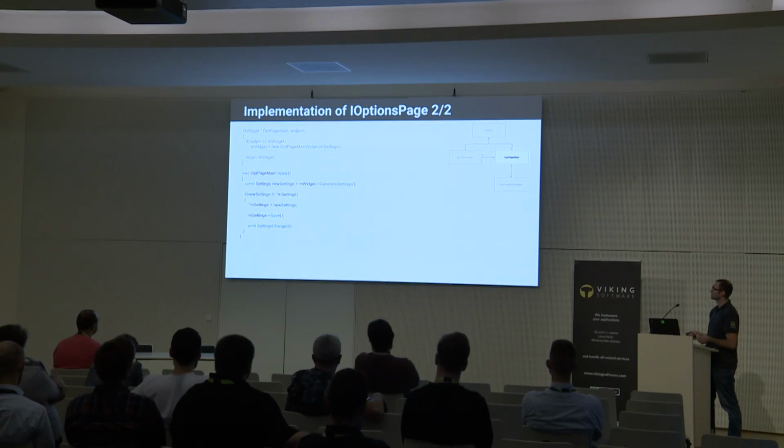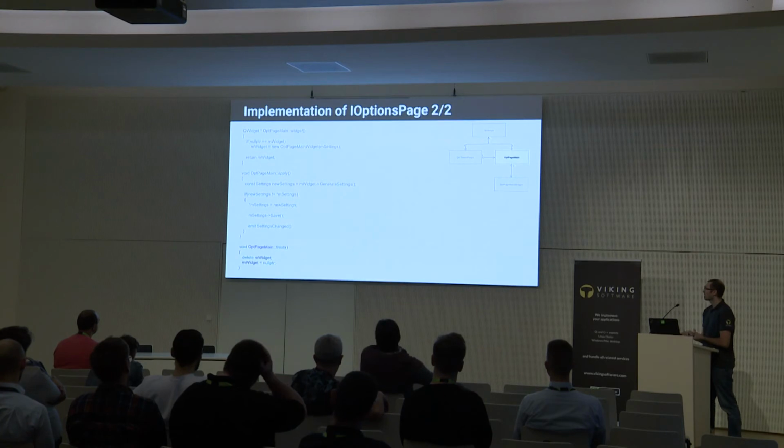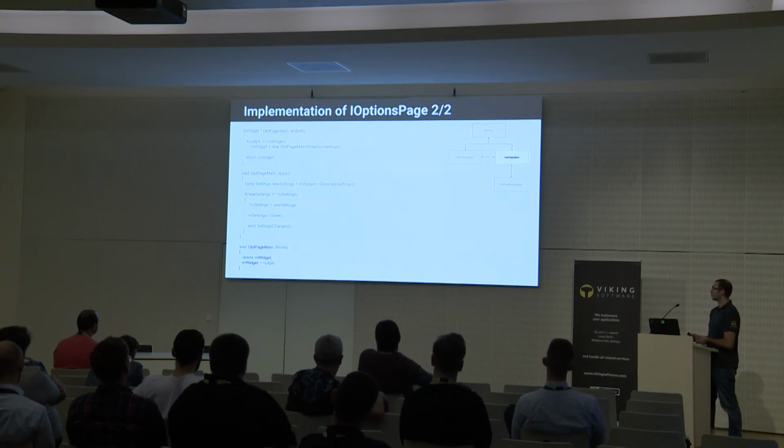Here you compare with the settings you have, and if they're different, you overwrite your current settings, and then you save, and then you emit the signal. So this is all the handling you need to do here in this controller, basically. And finally, the finish. This is called when you close the options page. You just need to delete the widget and set it to null, so you can recreate it later.